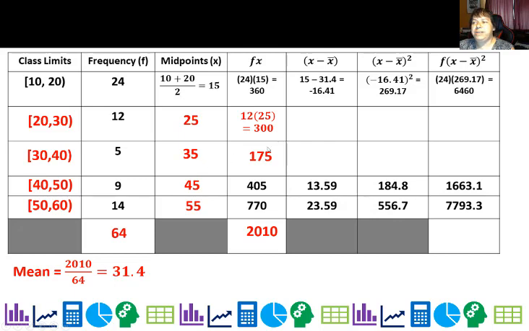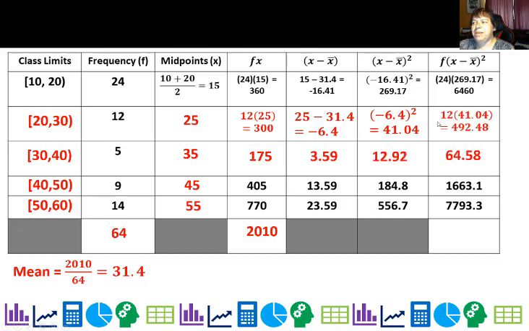Then I want to calculate deviation. So I'm going to do 25 minus 31.4. And 35 minus 31.4, that's about 3.6, roughly. And then I will square these just like I did before, and then multiply them times their frequencies.